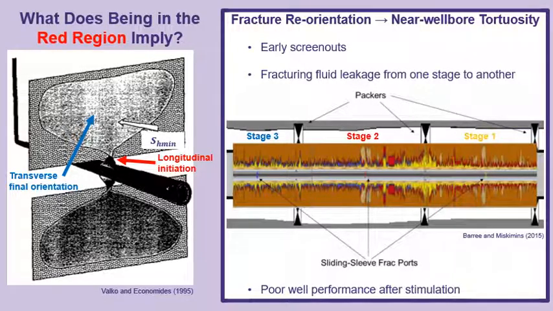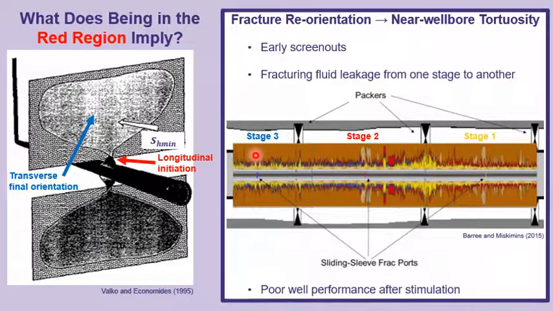As we see here in this schematic, showing the results of a tracer test run during a multi-stage treatment, we see yellow fluid from the first stage appearing in stages 2 and 3, despite those stages being isolated from each other using packers. The same thing can be said for red fluid from the second stage appearing in adjacent stages, same for blue fluid from the third.